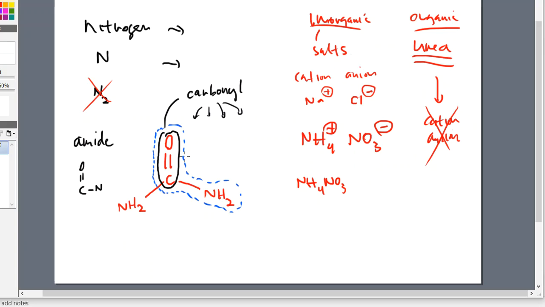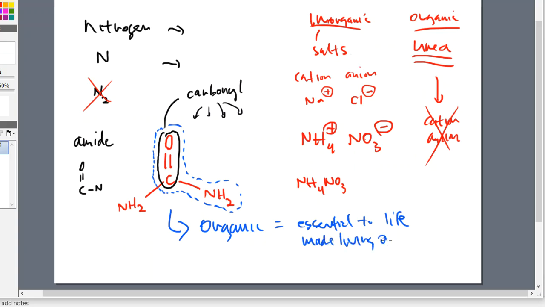Now, urea is an organic compound. And I told you there's kind of a funny story here, because when organic chemistry first took off, organic chemistry basically meant that it was a molecule that was essential to life, and it had to be made by a living organism.